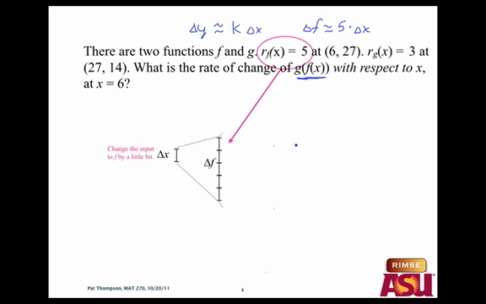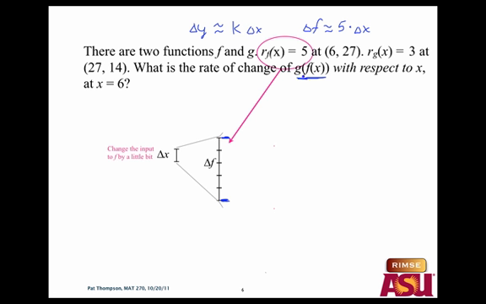Okay, so now we're going to look at the exterior function g. So from here to here is our change in f. And f is the input into g. So what will the corresponding change in g be for a little change in f? Here I'm showing from the blue to the blue. There's a little change in f.